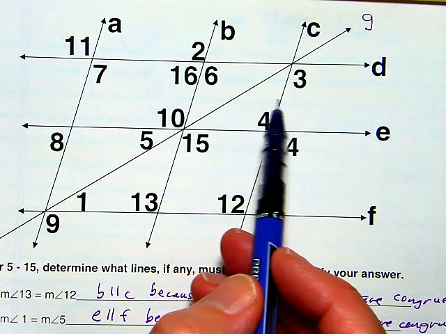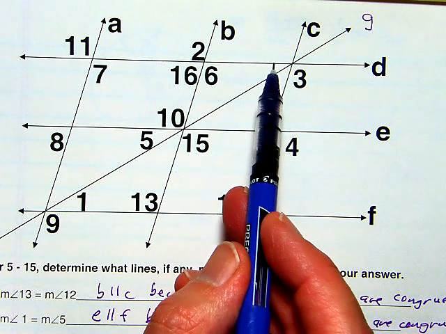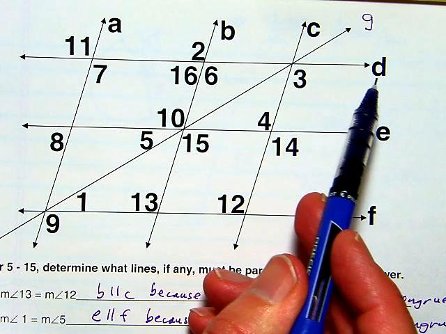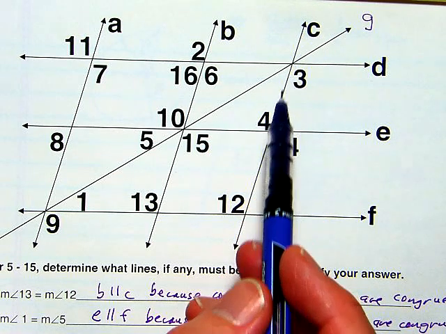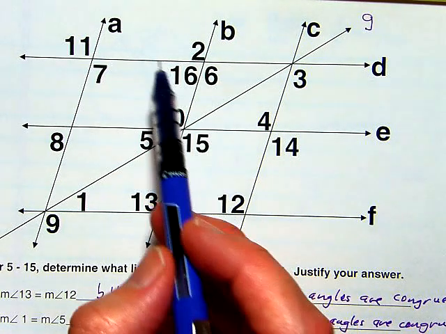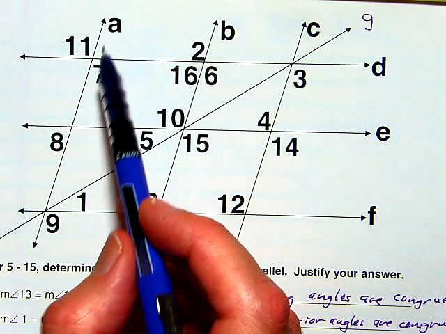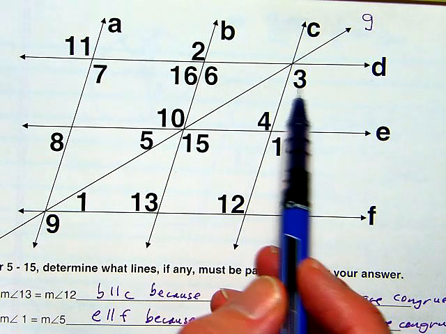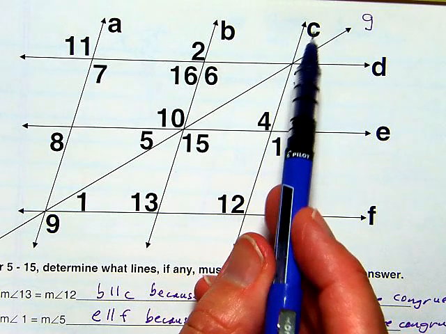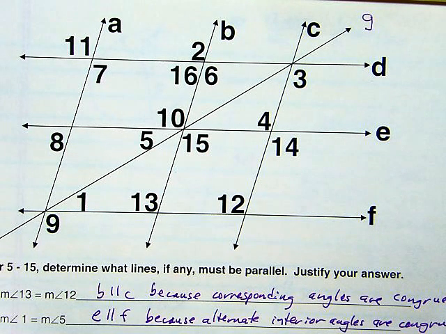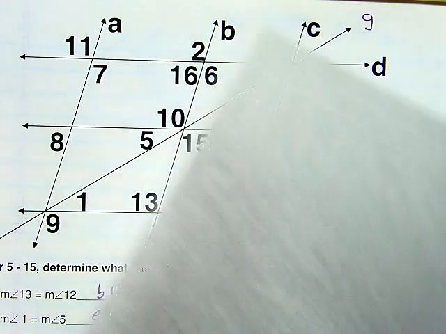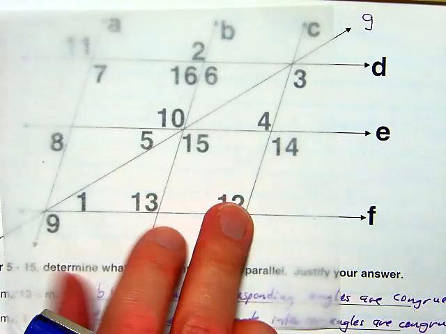And which lines make up angle 3? Well, again, we have line D as well as line C. So all we've got is A, D, and C. Those are the only three important lines in this problem. They're the only lines that contribute to making up angles 7 and 3.